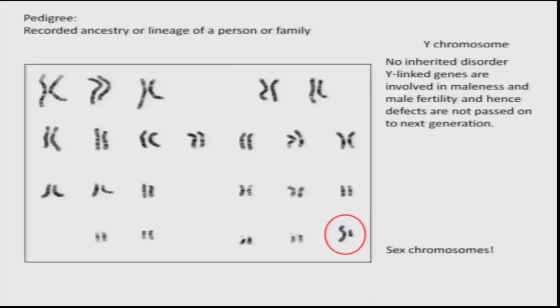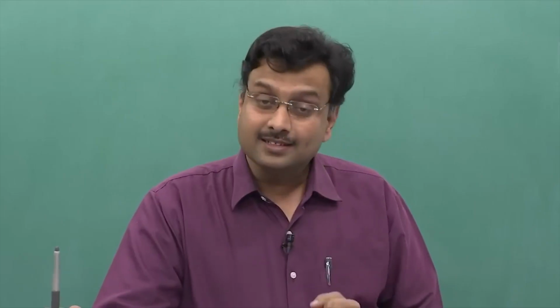So, let us look into the other sex chromosome, that is the Y chromosome. It is very, very interesting, because the Y chromosome is the smallest chromosome in your cell, and it does not carry all the essential genes required for normal function in both male and female, because females do not have a Y chromosome, still they are normal.